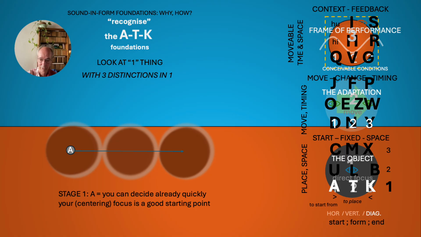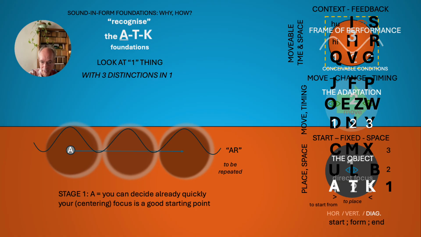I repeat myself just a little bit. So with three distinctions in one, what are these? Stage one, the A, where you decide very quickly, almost immediately, yes, I have a centering point of focus. It's a good starting point of focus.